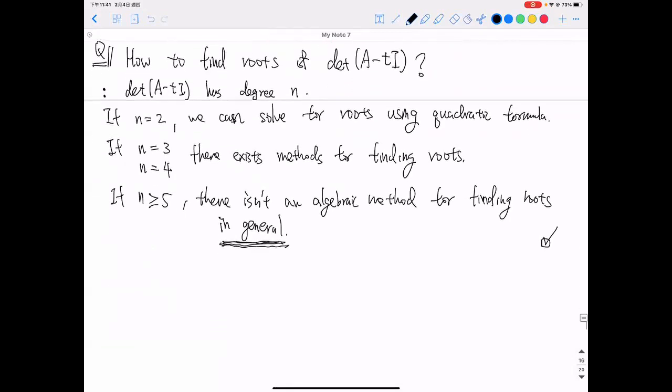Now, there are, however, some other venues that we can pursue. So here come the theorems.